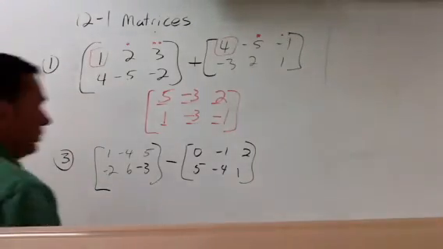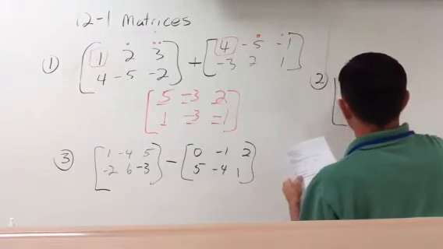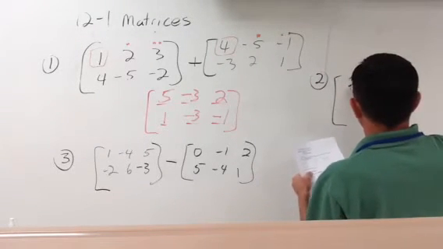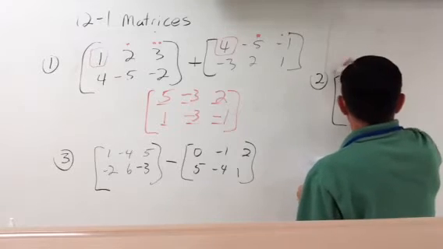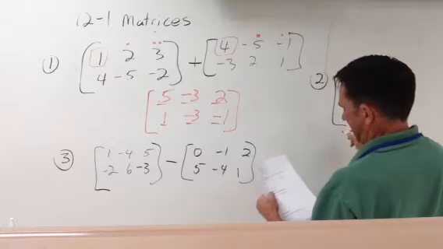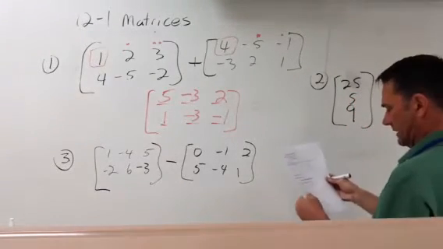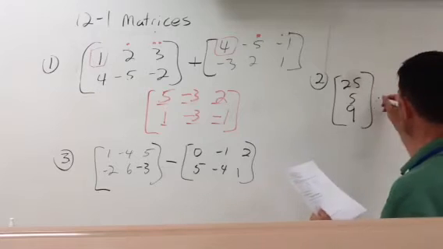If we look at number 2, again, this was a 3 by 1: 25, 5, 9. And this time I think we're subtracting.